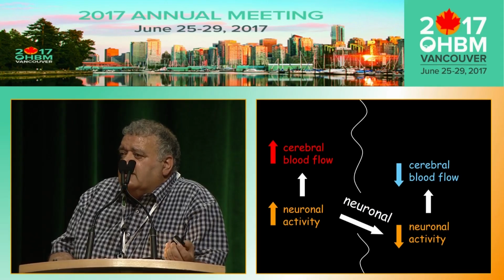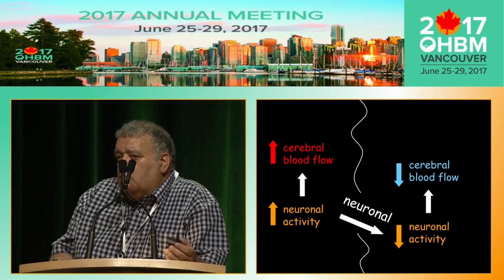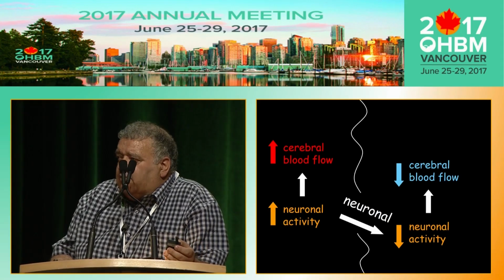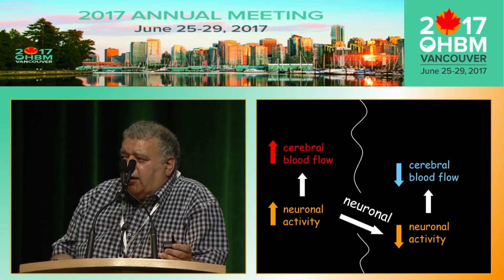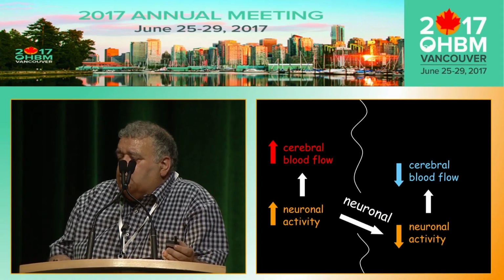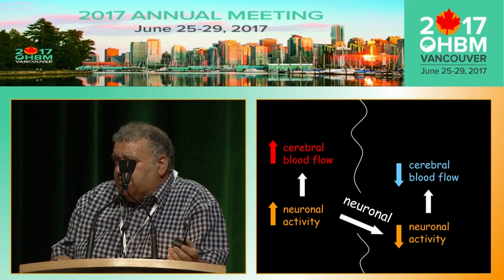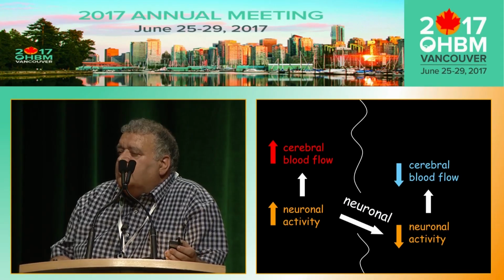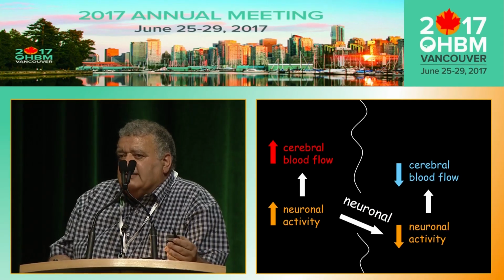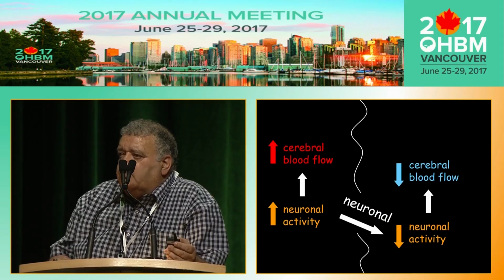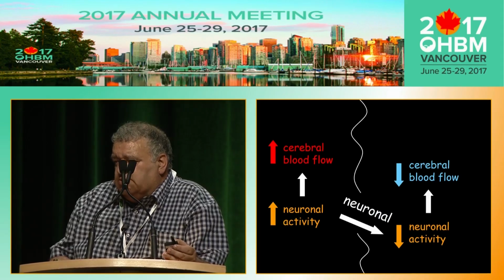And of course, selecting the right one per your paradigm is extremely important. In one case, we can interpret the negative bold response as an artifact. In another case, as valuable information, a response to the stimulus or to the task.